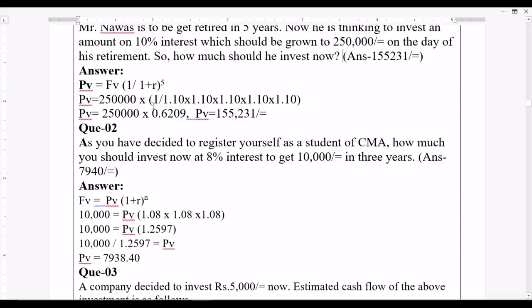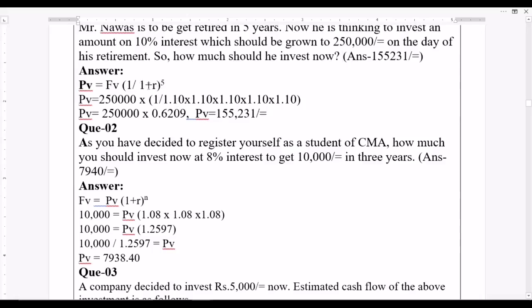So that's why I have put here 1.10. So here you have to put the 1.10 5 times.